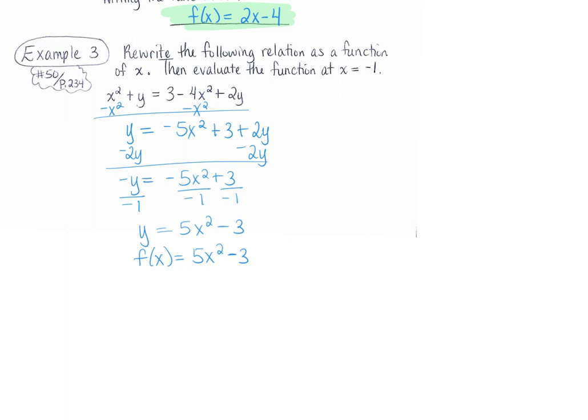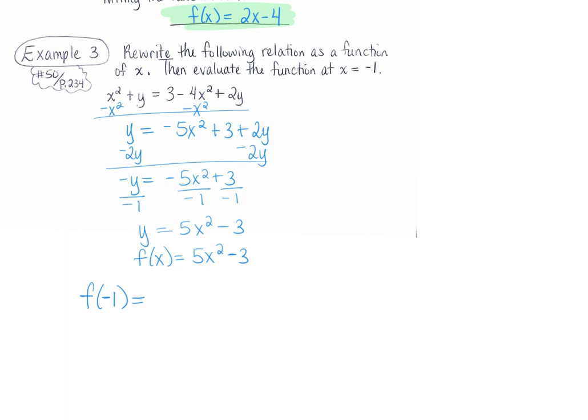Do you need a minute to try it? I'll give you 1 minute. Check in with your neighbors. The way we write that is we're finding f of negative 1.